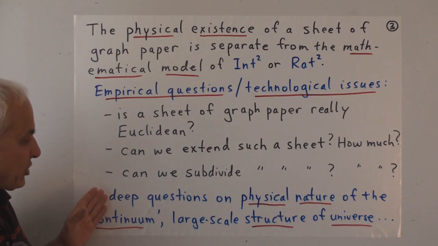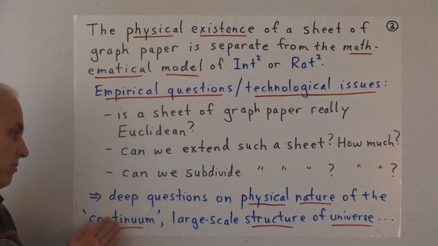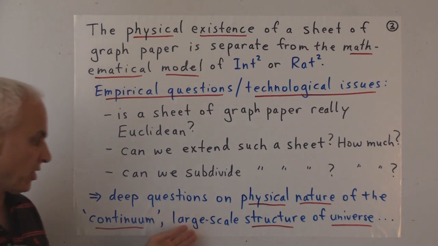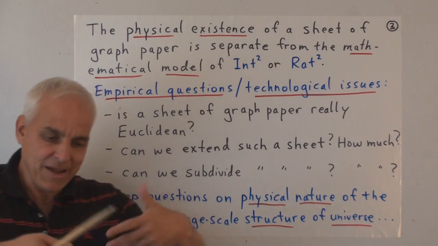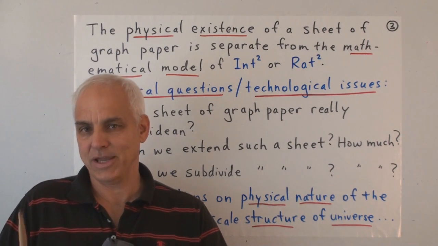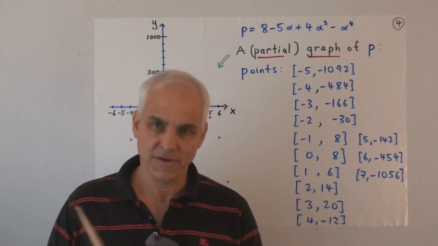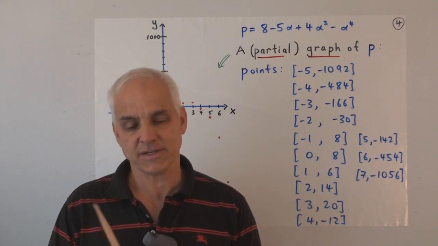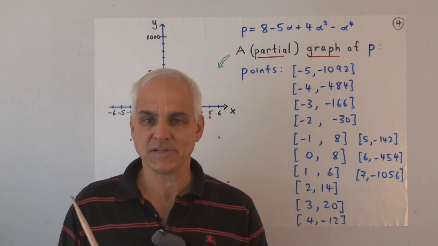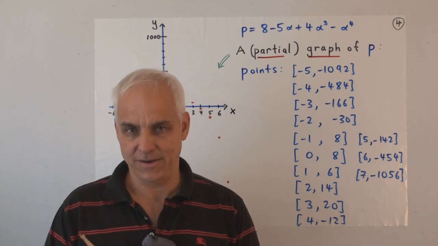So there actually are quite deep questions of a physical nature, the physical nature of the continuum or the large-scale structure of the universe, connected with a sheet of graph paper and what we actually can do with it practically. So one way of dealing with these issues is to say, all right, we're going to think of these graphs that we're going to draw and the pictures that we make as simply aids to our understanding.